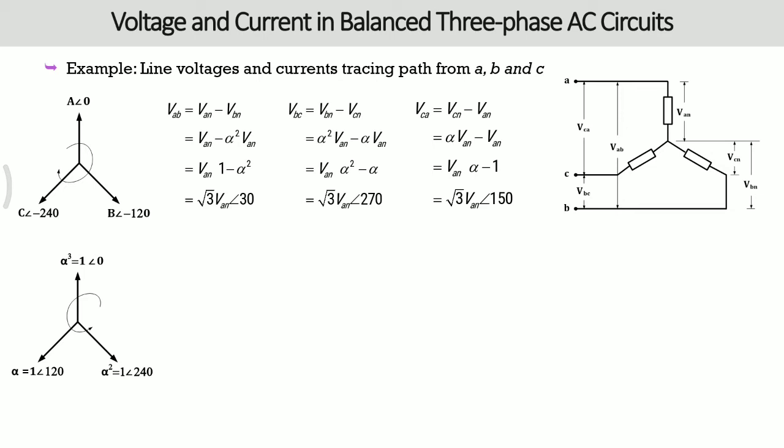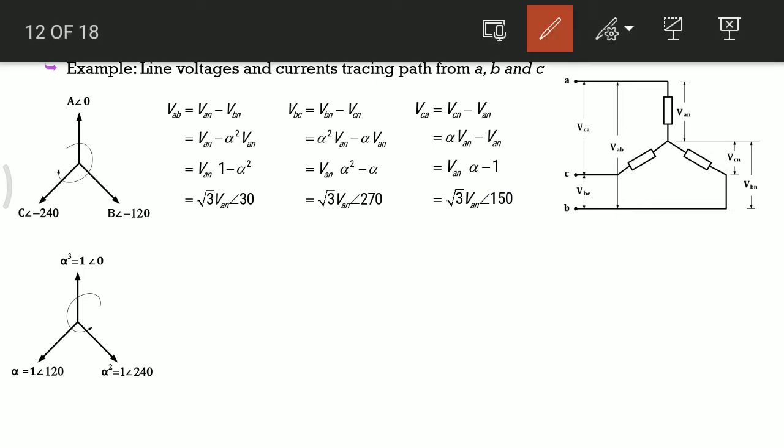So how can we write VBN in the form of VAN? Here you can see what VBN is. VBN is a phase voltage. If we want this VBN from the VAN, what will you do?